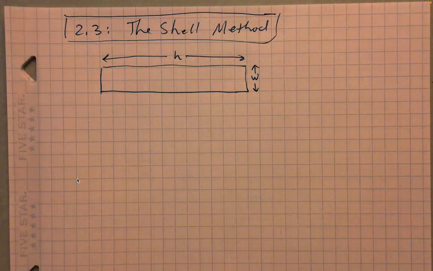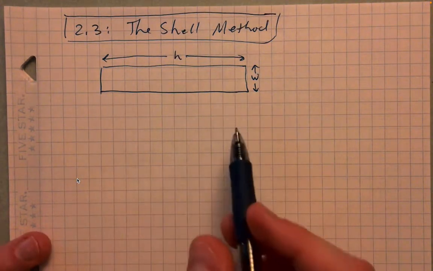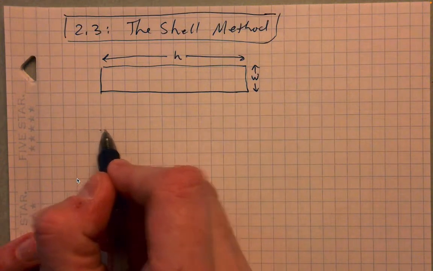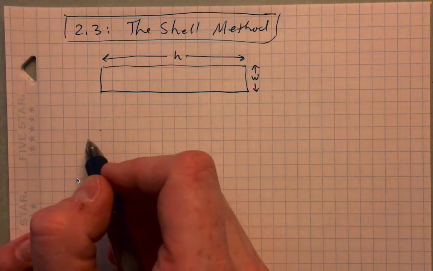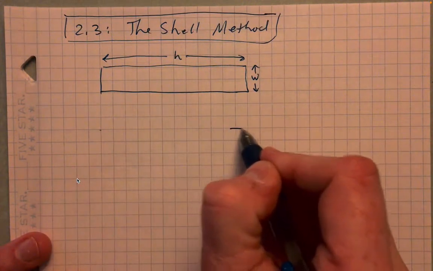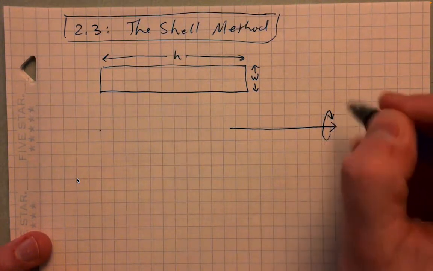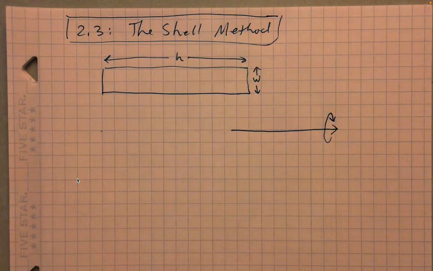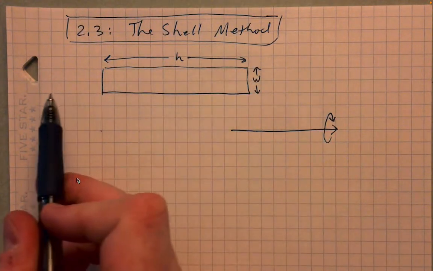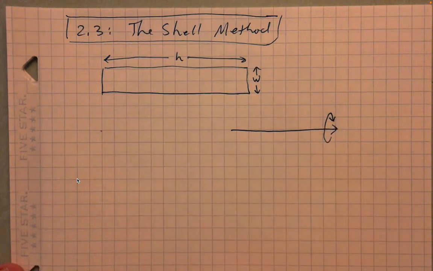This rectangle is going to be rotated about an axis of revolution that runs parallel to it. In this case the rectangle is oriented horizontally, and the axis of revolution would also be horizontal.